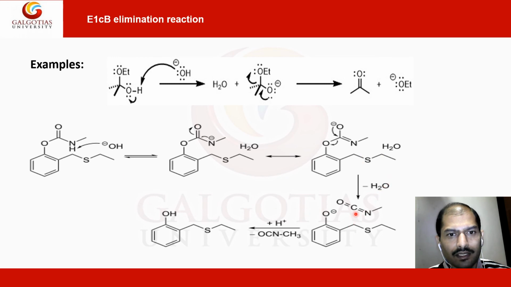You can see the negative charge is coming over here, and after protonation it will again make a phenolic, so a substituted phenol will be formed. There are many more applications of this kind of reaction that can be seen with the help of many more reactions which proceed this way.